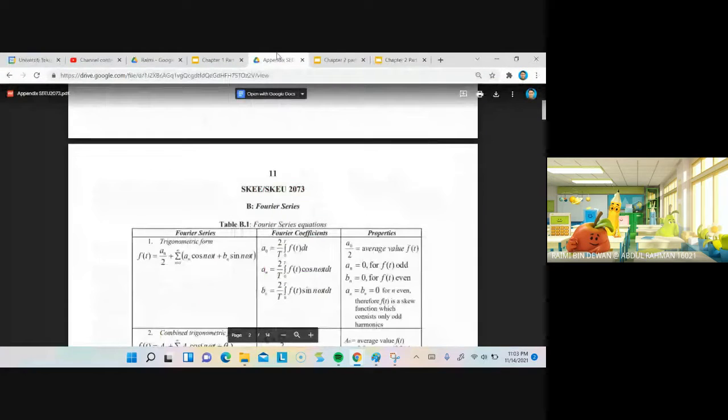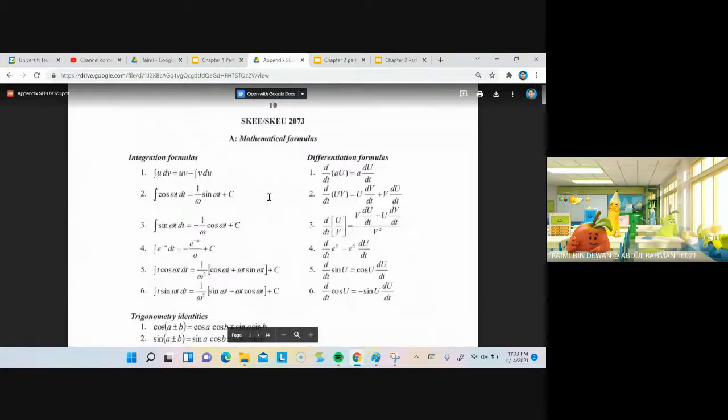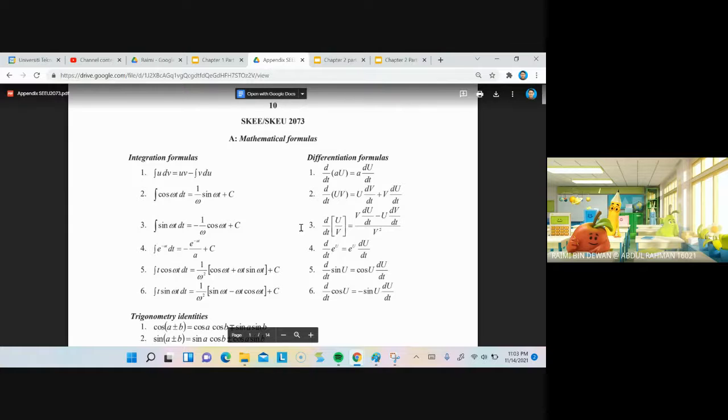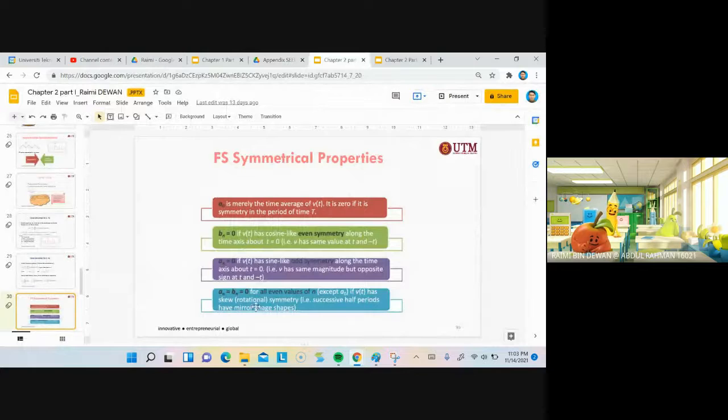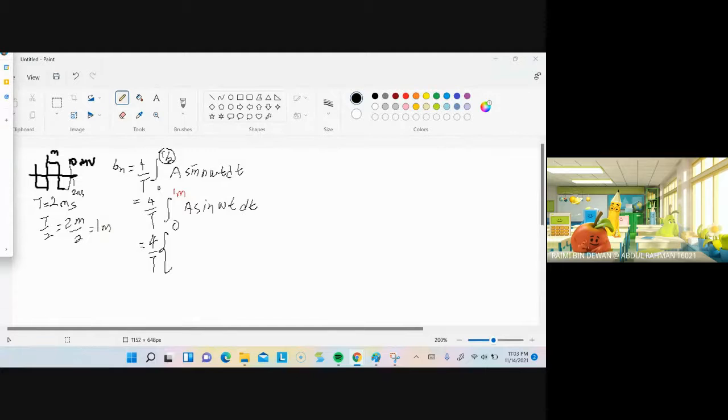This one I suggest you memorize. However, the mathematical things you don't need to memorize. You can see here, integration of sine you get 1, integration of cos you get 1, and remember the sign, there is a negative here. So referring to the appendix, you will know what you should remember. I suggest you remember this characteristic, so it is easier for you to solve the question a bit faster.